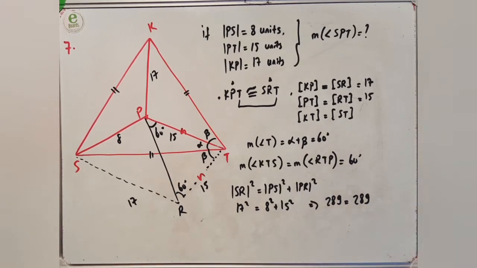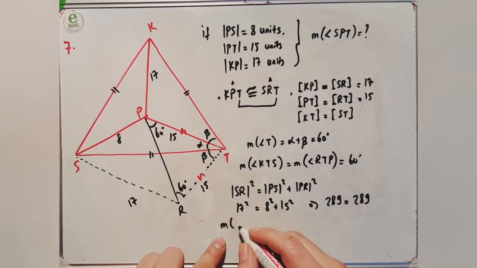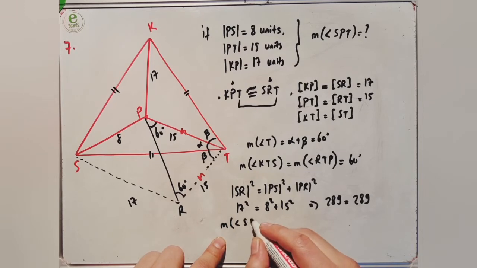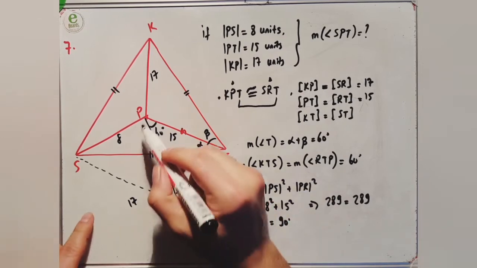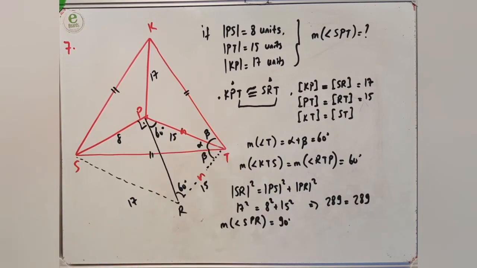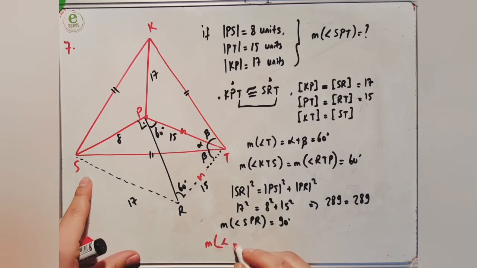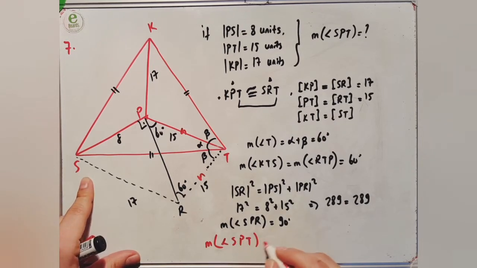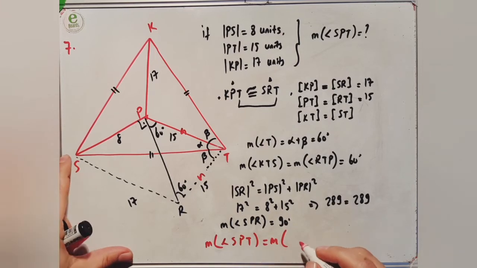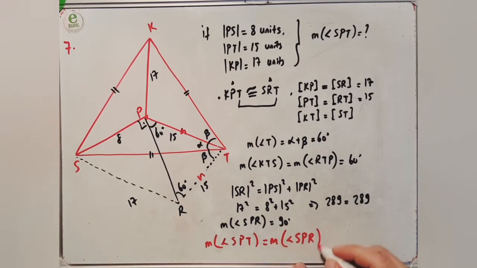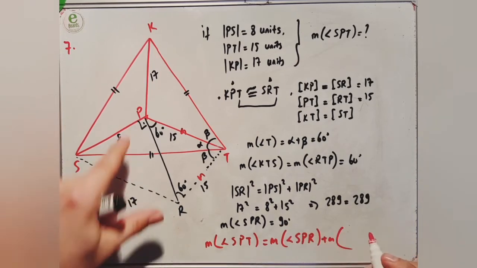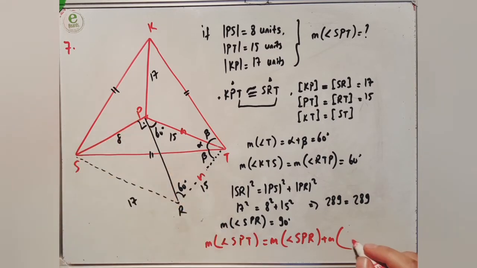We conclude that the measure of angle SPR is equal to 90 degrees. And finally, the measure of angle SPT is equal to the measure of angle SPR plus the measure of angle RPT.